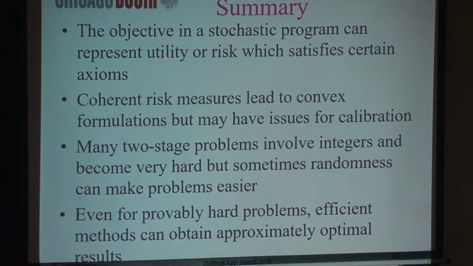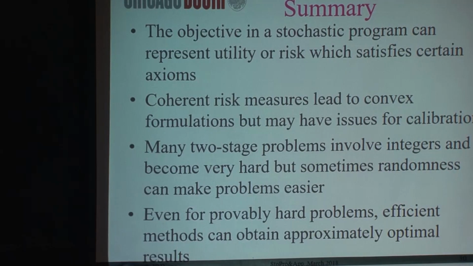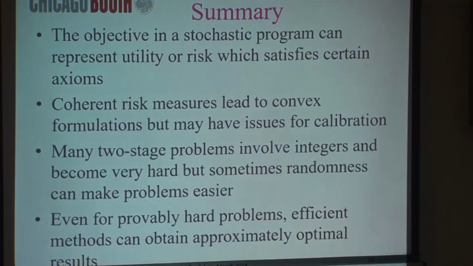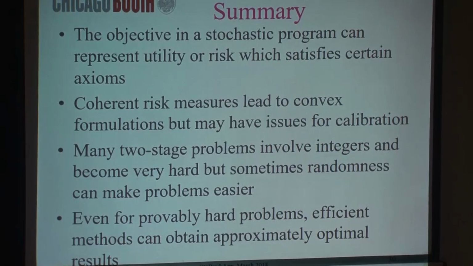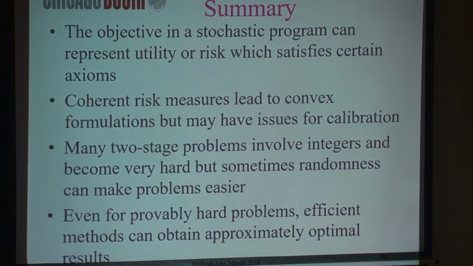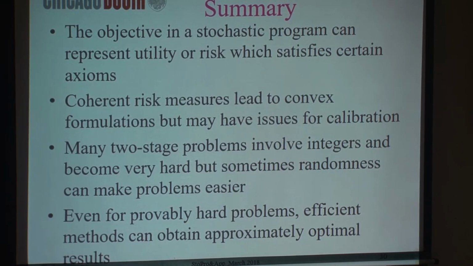Often what we'd like to do is to have that utility or risk satisfy a given set of axioms. The axioms generally refer to things like, if I say that this thing is stochastically better than this other thing, my utility function should say that the utility of the first one, the greater one in stochastic order, is greater than the utility of the second one.